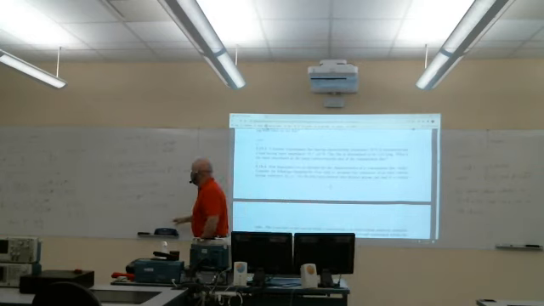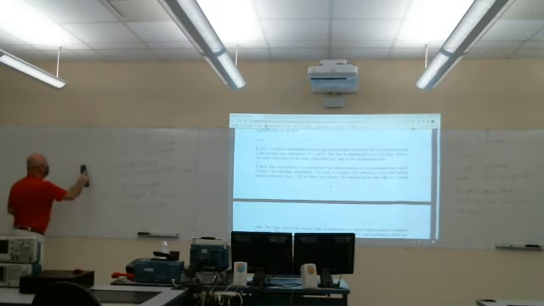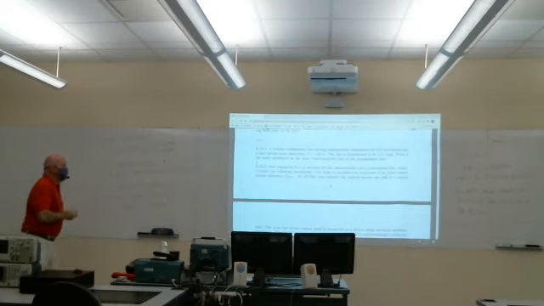So let's take a look at problem 3.15-1. I'm trying to leave some of these relevant equations here on the board. It's a lossless transmission line, which is what we've been working with, with a characteristic impedance of 50 ohms. That's what we call Z0, which is standard notation.